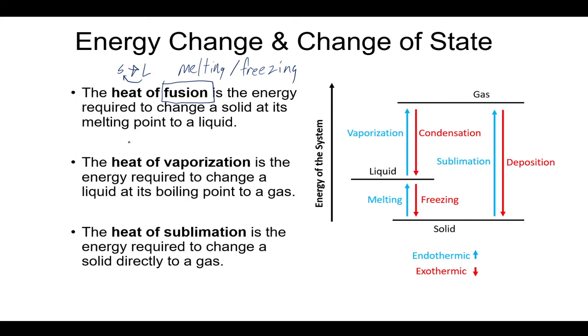Heat of vaporization is going to then be our liquid to gas, or gas to liquid would be our condensation, but it's the same energy. It's just a reversible process here. Heat of sublimation is for solid directly to gas. And so these are quantities you'll come across in chemistry that refer to an actual quantified amount of energy, or here enthalpy, that it takes to complete this phase change, right?